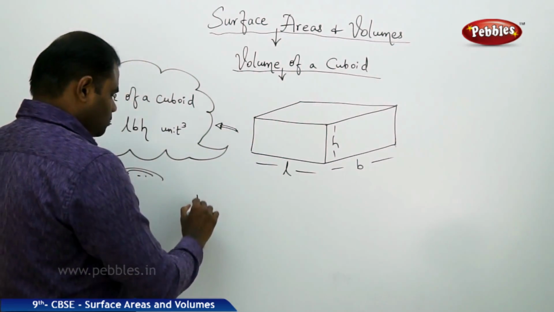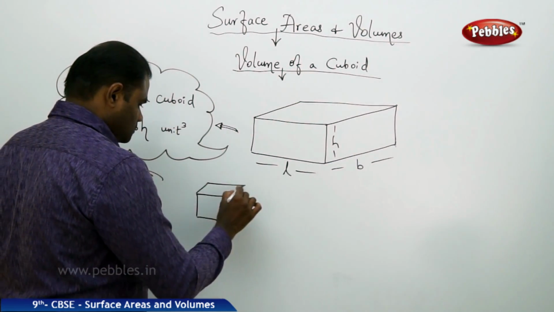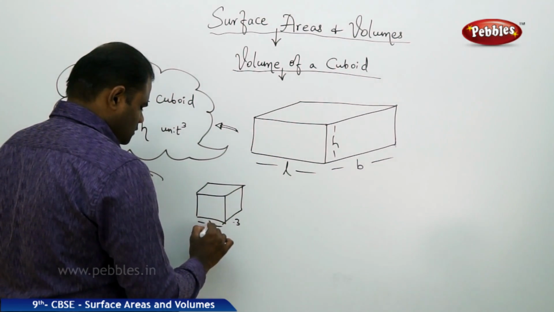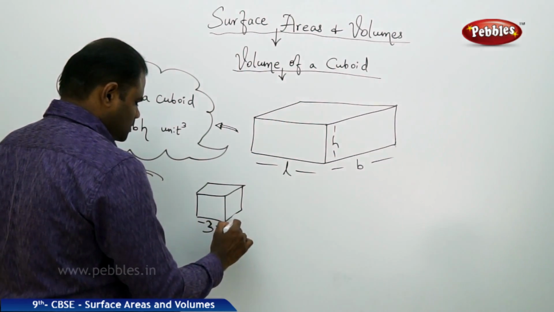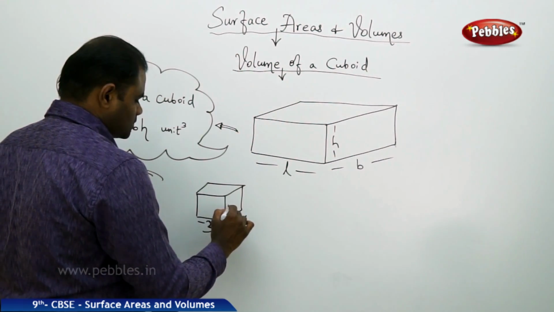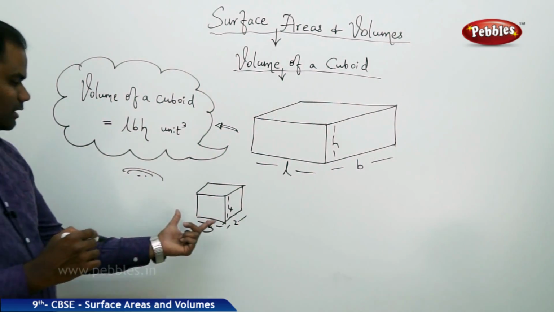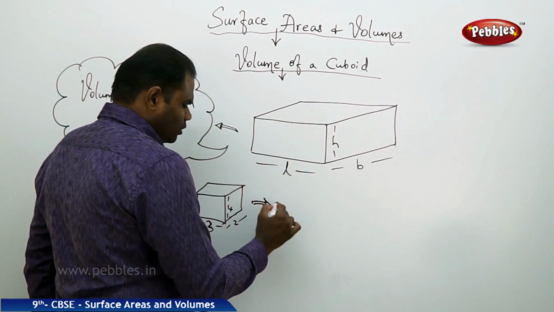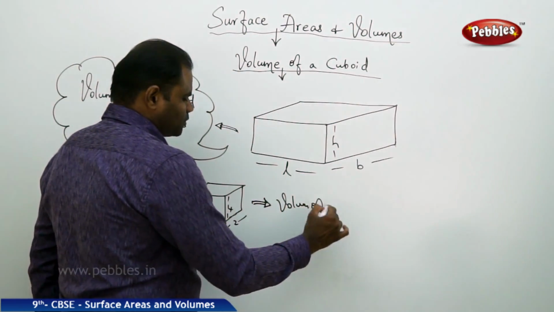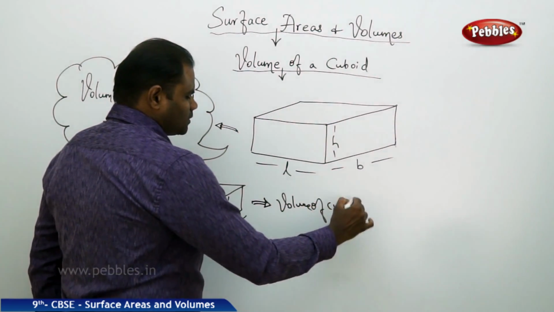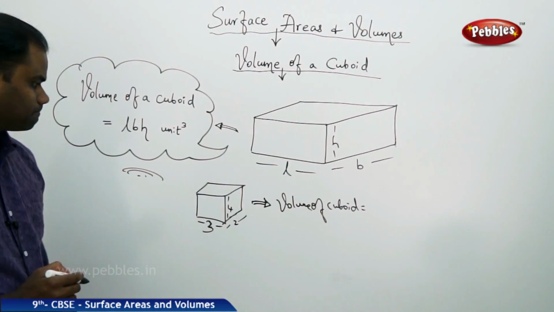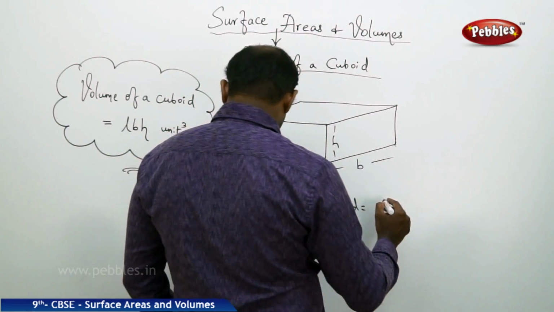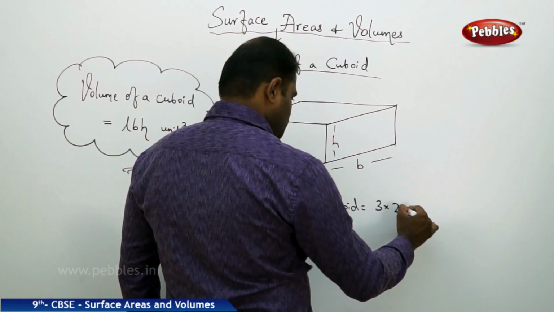For example, I have a cuboid with the dimensions: the length is 3, the width is 2, and the height is 4. Then the volume of the cuboid is given by the formula length into width into height, that is 3 times 2 times 4.